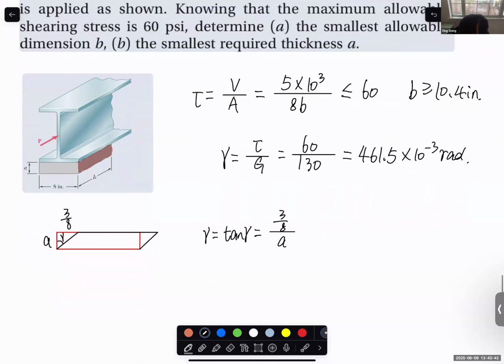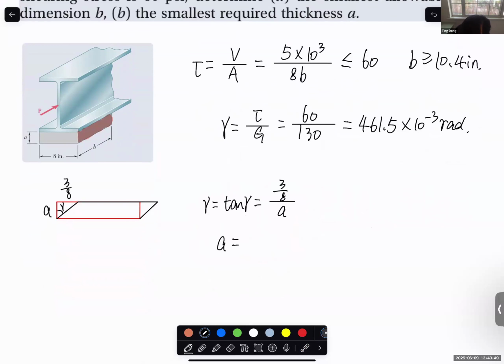Now back here, based on relation between the gamma and A, from this equation we can calculate A, so dimension of A equal to 0.813 inch.